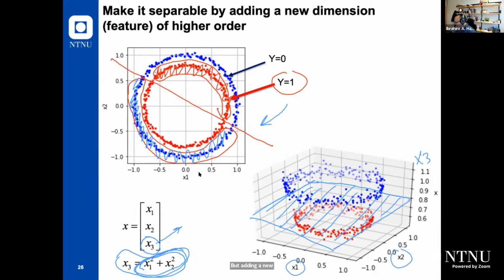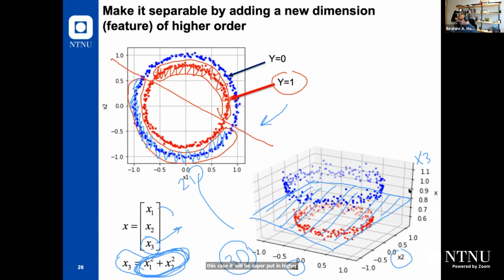So now we are moving from two-dimensional space into three-dimensional space by adding x3. And for x3, we need to find how we can construct it using the information provided by x1 and x2. One proposal could be x1 squared plus x2 squared, and in this case it will be separable in higher dimensional space.